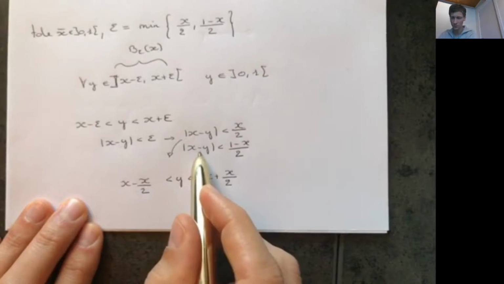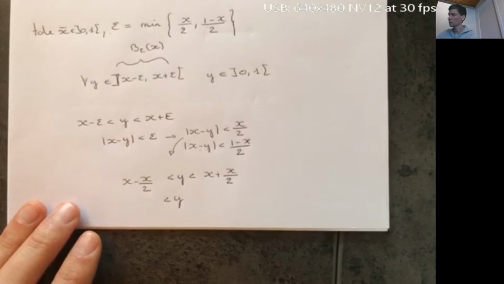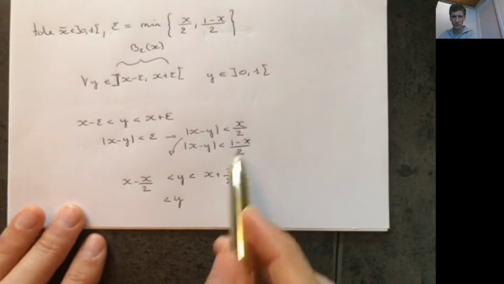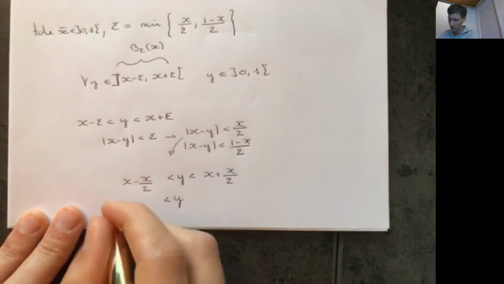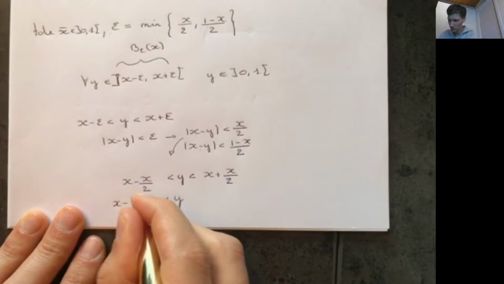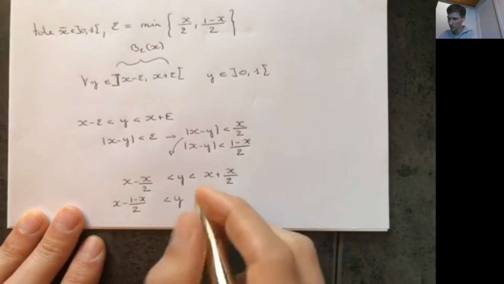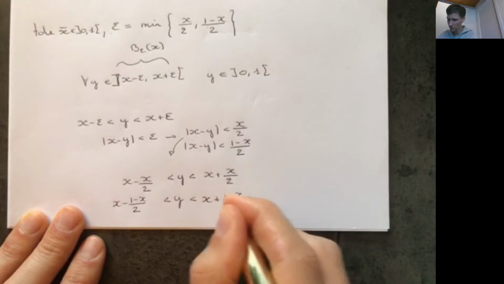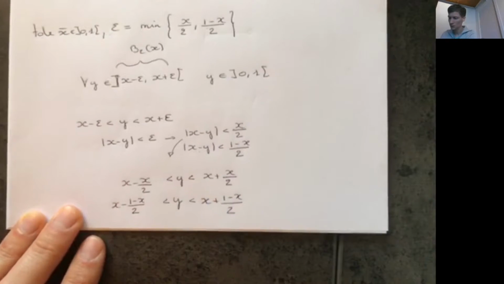From this condition here, okay, I lost my camera. So from this definition here, I know that y is strictly bigger than x minus (1 minus x) over 2, and y is strictly smaller than x plus (1 minus x) over 2.